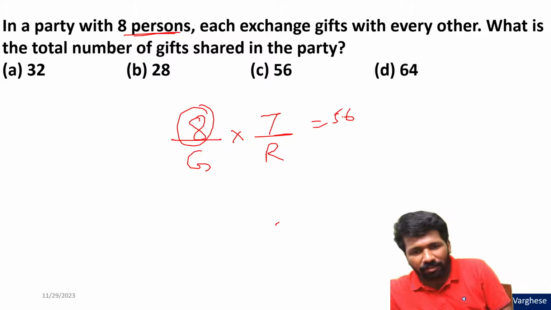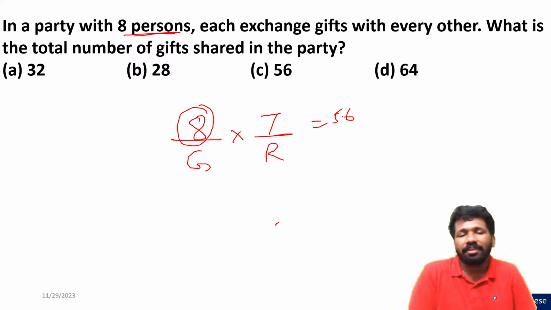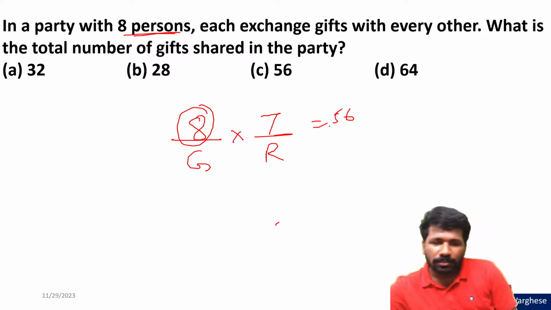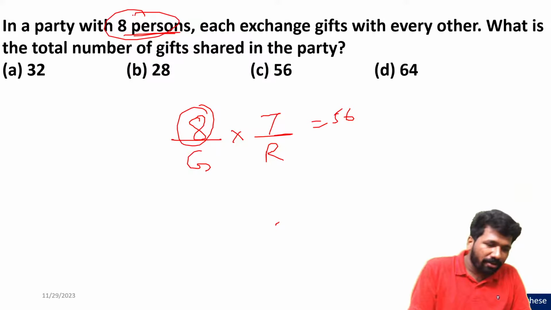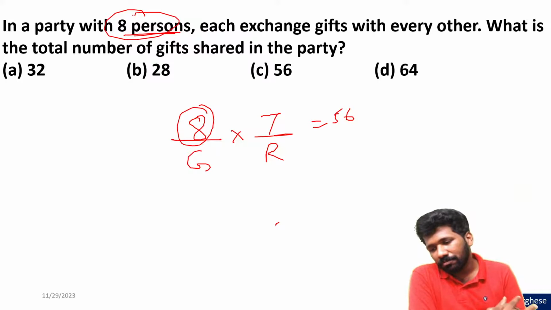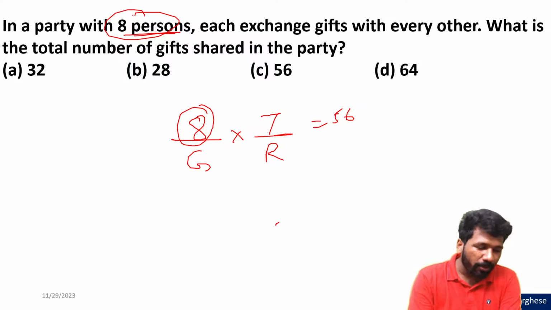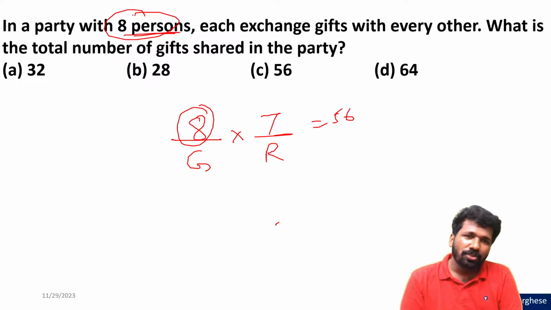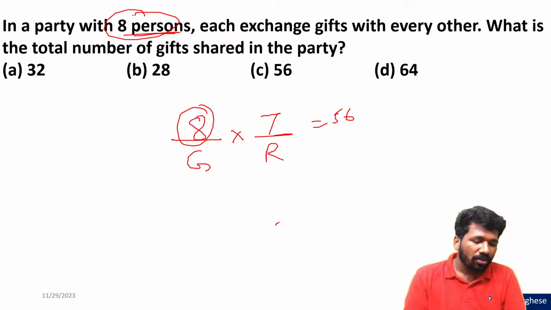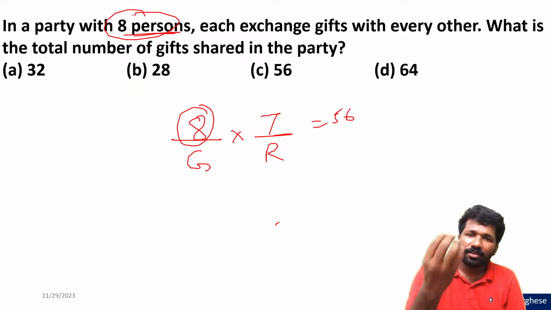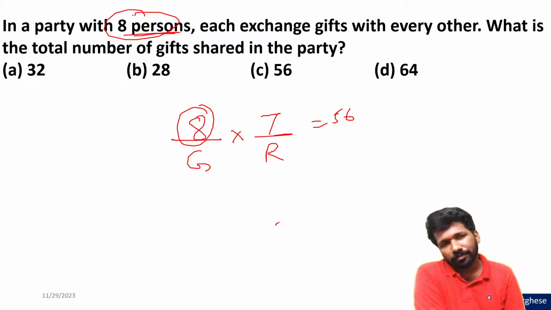Here I didn't divide by 2. Why didn't I divide by 2? Because think about this situation practically. Think that your M.Sc friends or B.Sc friends or school friends, there were 8 people in your gang. So on each of your friends' birthdays, you will give a gift to them.